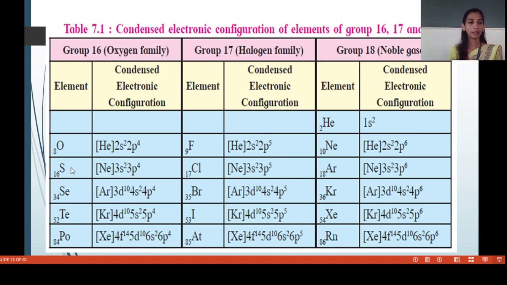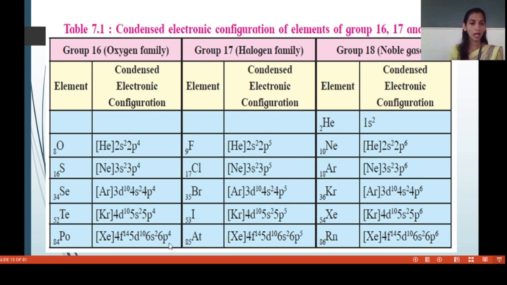For sulfur, atomic number 16, neon, that means 10 electrons, are distributed into that neon and the remaining 6 are 3s2 and 3p4. Similarly for selenium, 34 electrons, we write the condensed electronic configuration as argon 3d10 4s2 4p4.